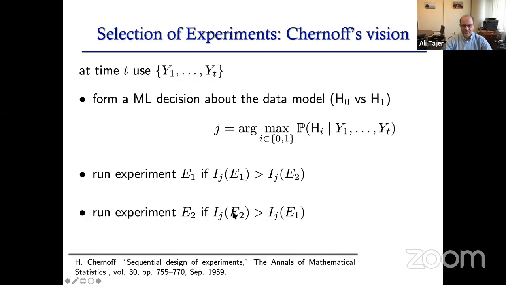So the maximum likelihood decision always guides us which information measure we have to look at. If j is equal to 1, we look at information measure I1, and then for selecting the experiment, we look at which experiment is giving us the higher information measure. All right, that is how it works.